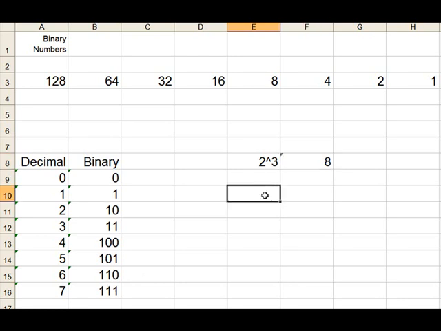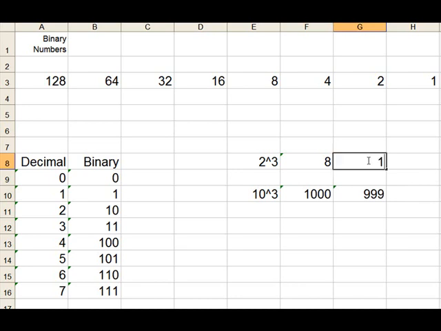Let's compare that to the decimal number system. Suppose we had 3 decimal places to work with. What is 10 to the power of 3? It's 1000. And we can represent the values in 3 places from 0 to 999. So 999 is the largest decimal value you can represent in 3 decimal places.